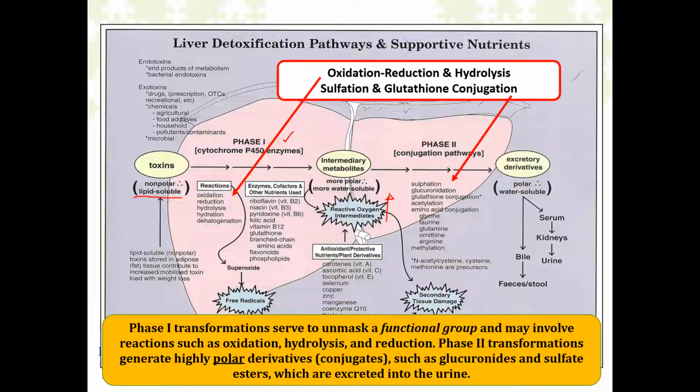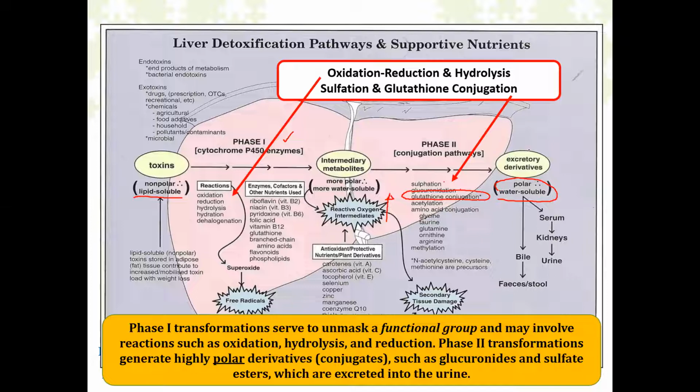And then once we get into phase 2, this is where our sulfation, what's called glucuronidation, and then our glutathione conjugation is really important. Using glutathione to combine with a chemical to make it less toxic, essentially trying to convert these things to water-soluble compounds so they can be excreted from our body in our stool, in our urine.